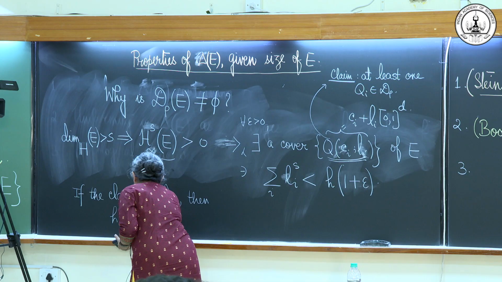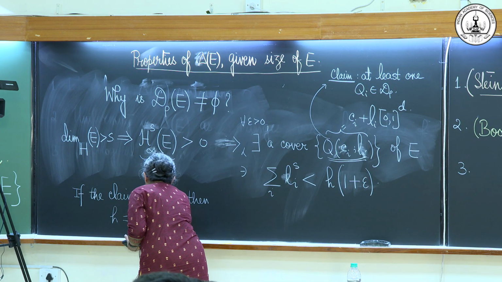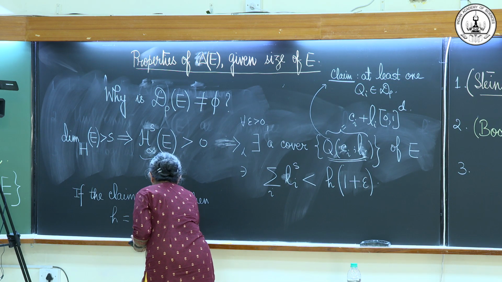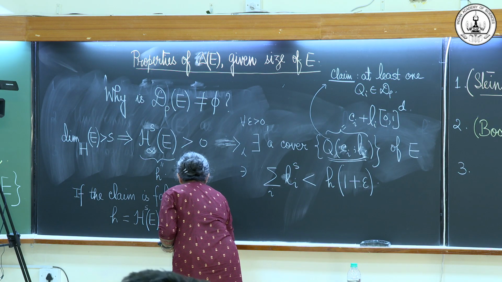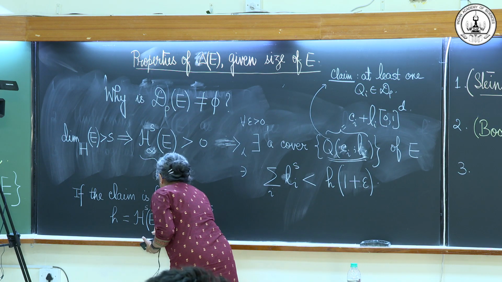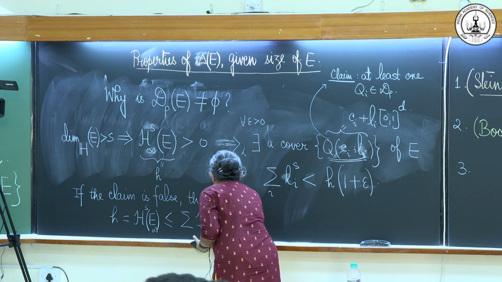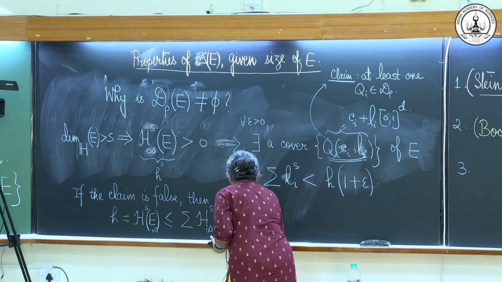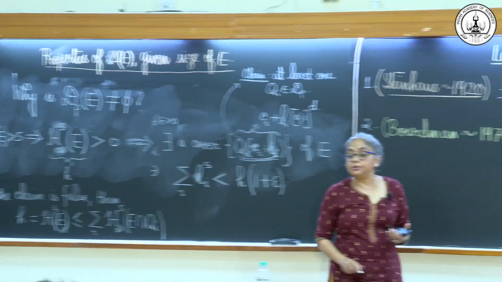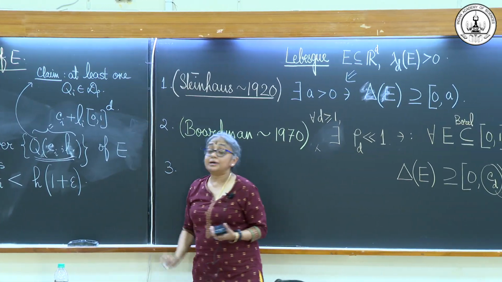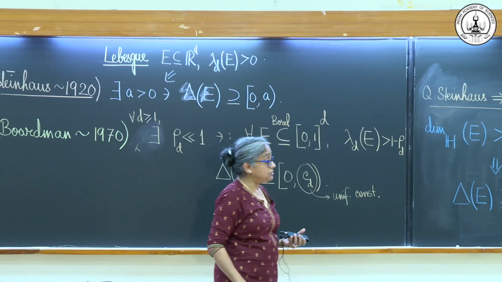We'll start with the S-dimensional Hausdorff content of E. By triangle inequality, we will just bound it by the cover, E intersected with Qi. And if we assume that D rho was empty, that's the contradiction that we are trying to get to.